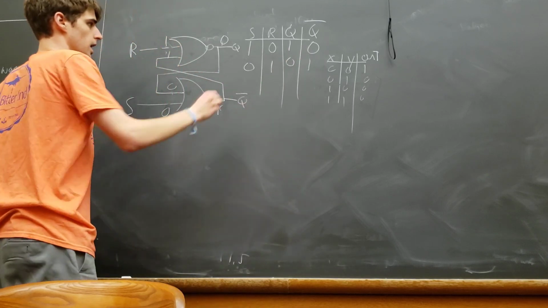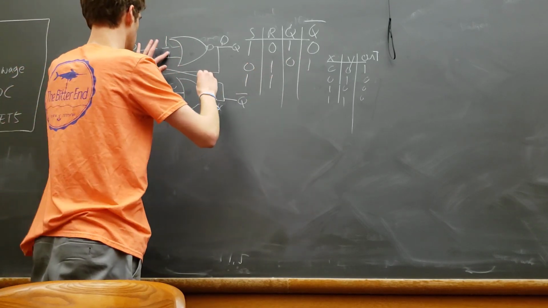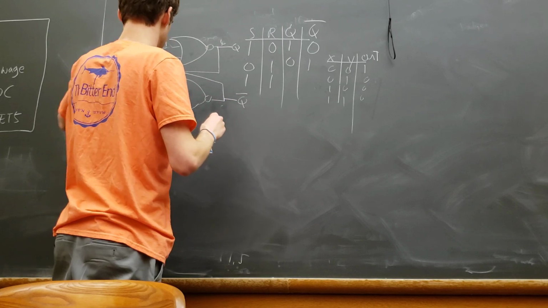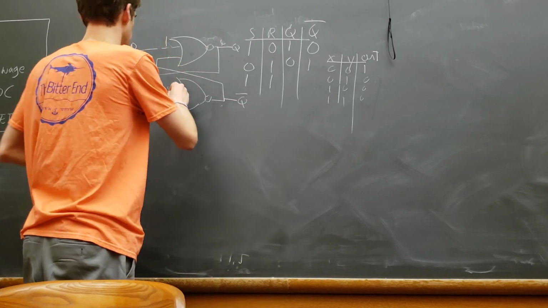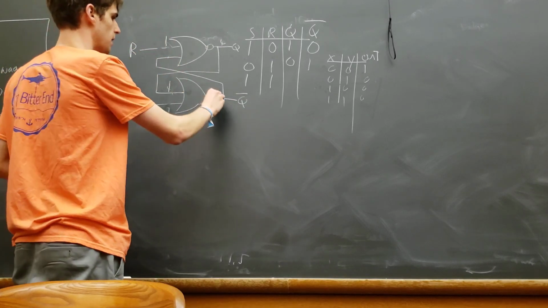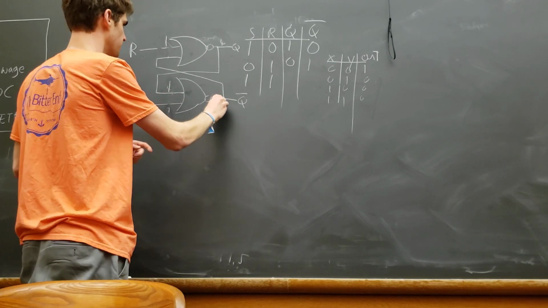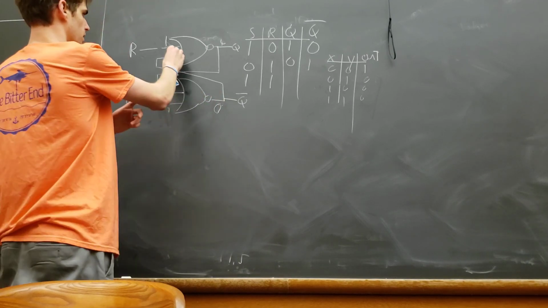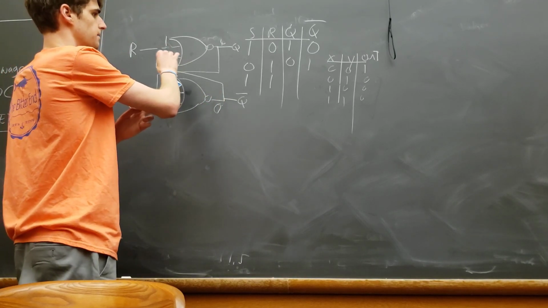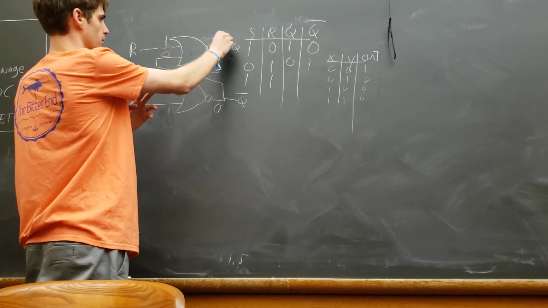Now if they're both 1, the output of this is going to be a 0, and this is also going to be a 0.